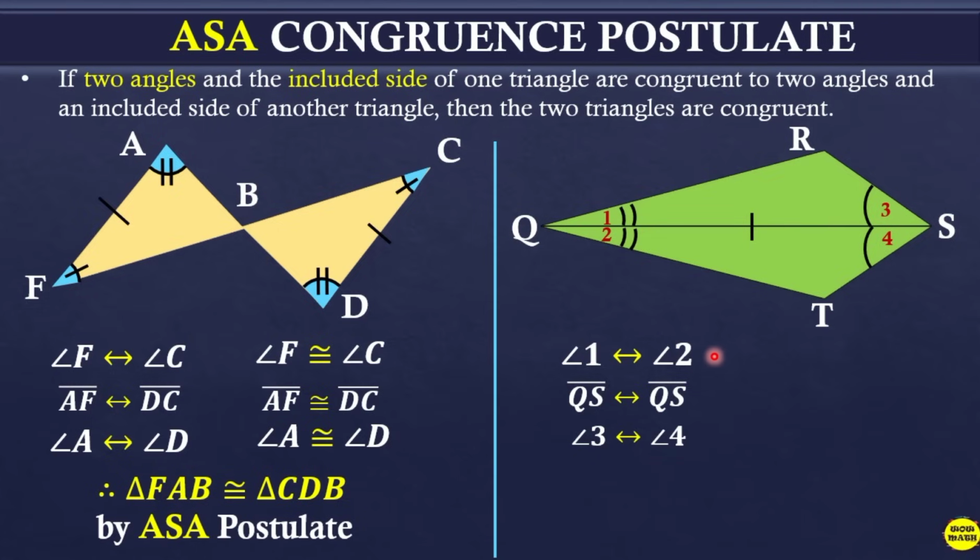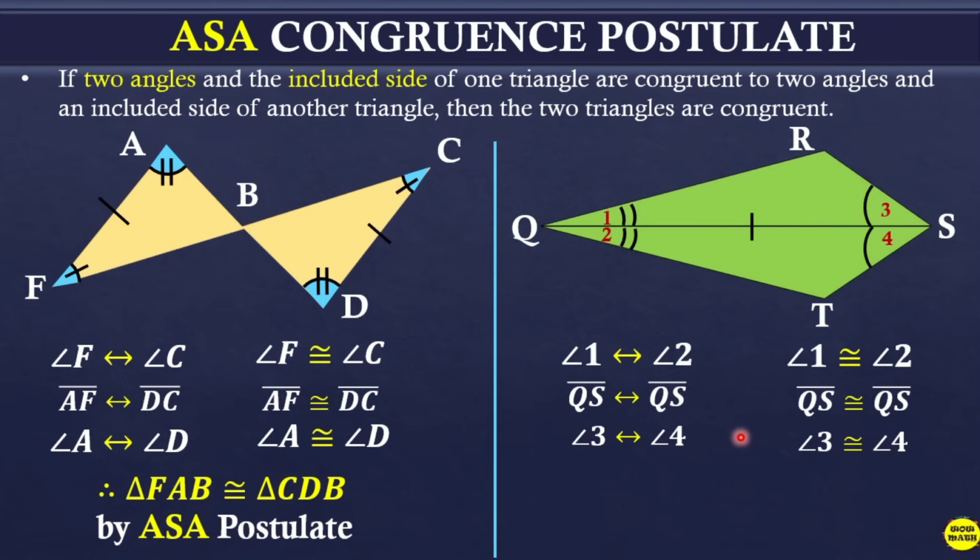Now, from this given set of corresponding parts of two triangles, we can say that angle 1 is congruent to angle 2. QS is congruent to QS. So, this is by reflexive property of congruence. So, eto po, anong property ang ina-apply natin dito? Reflexive property of congruence. And angle 3 is congruent to angle 4.